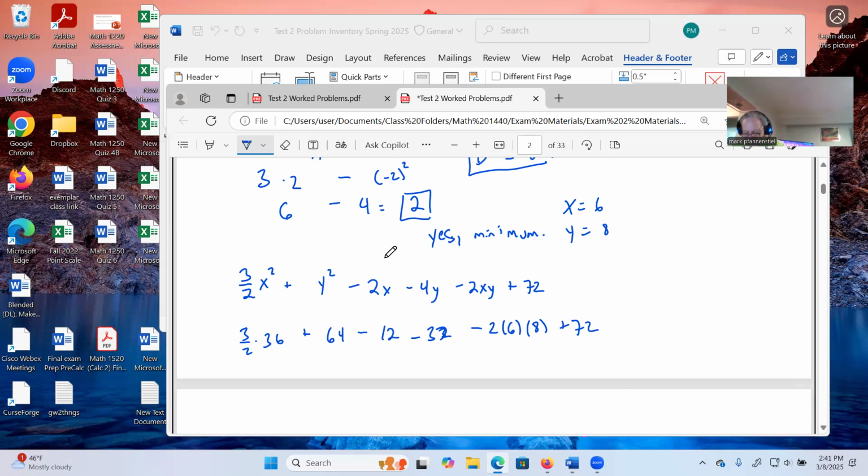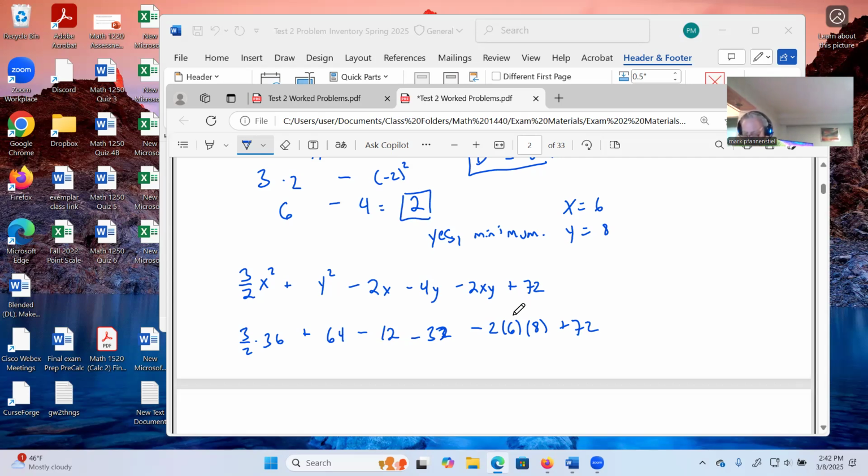This is just fine. So we're going to type in 3 halves, which is 1.5, times 36, plus 64, minus 12, minus 32. Let's see, 6 times 8 is 48, 48 times 2 should be something like 96.